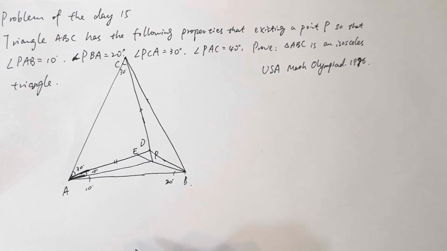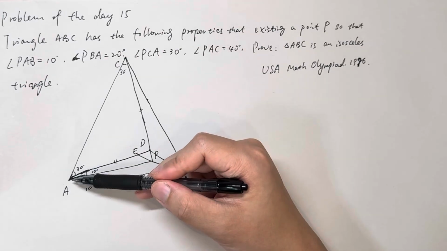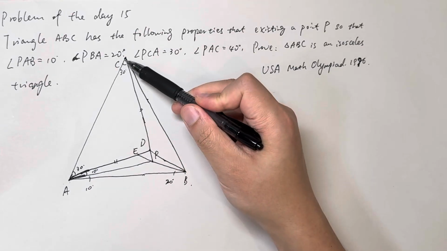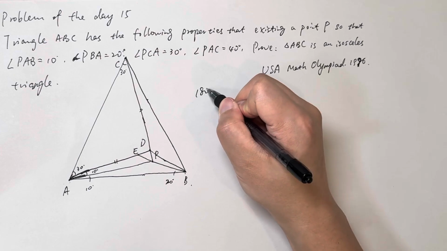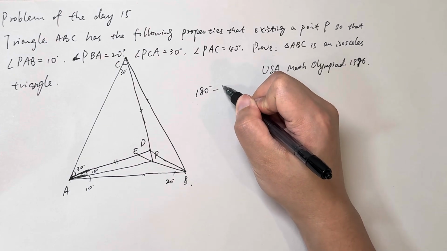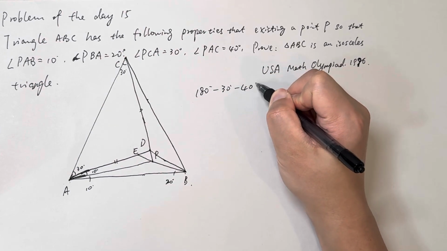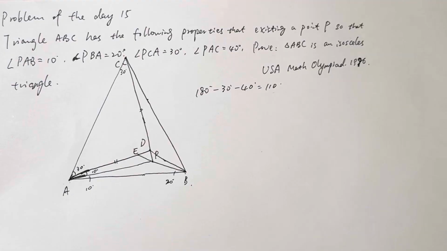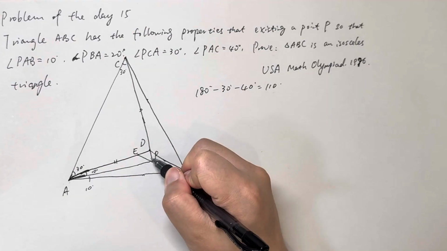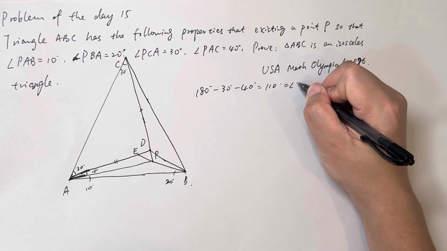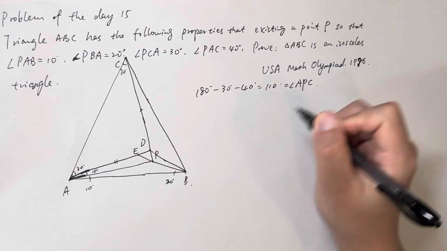So we know that the angle APC equals to 180 degrees minus 30 degrees minus 40 degrees, which is 110, right? That's the angle APC, this angle.